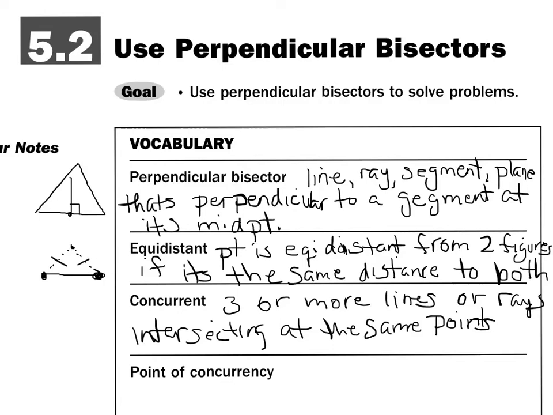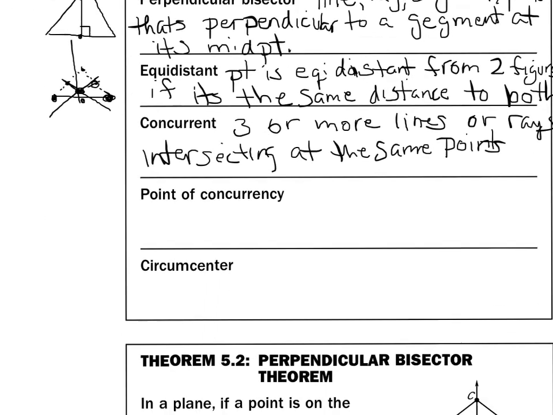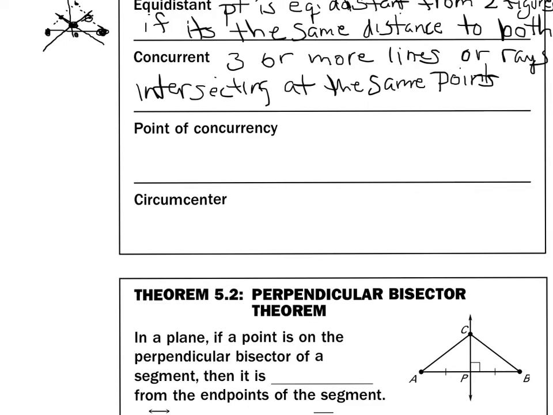Let's go ahead and go back up to my mid-segment equidistant picture up here. If I draw in, let's call that a midpoint, and that a midpoint, and this a midpoint. If I draw these lines out, do you see that they would be concurrent lines because they intersect at a point? Okay, point of concurrency. I bet you can already know about that. It's the point where they intersect.